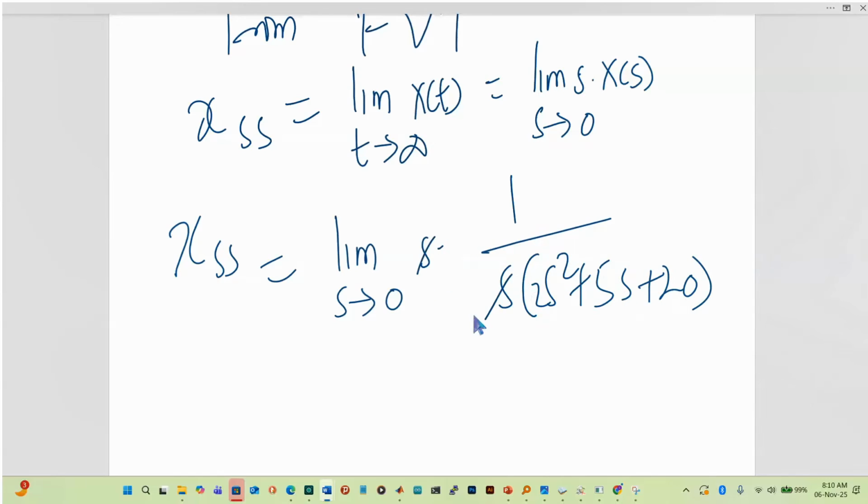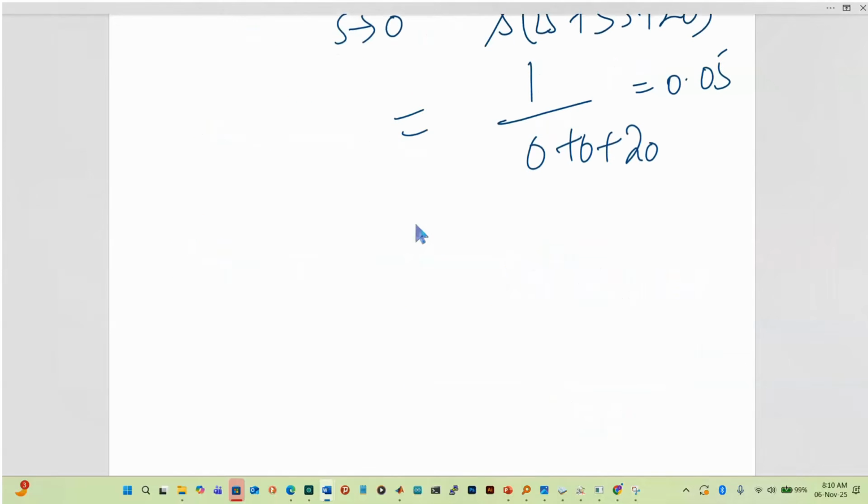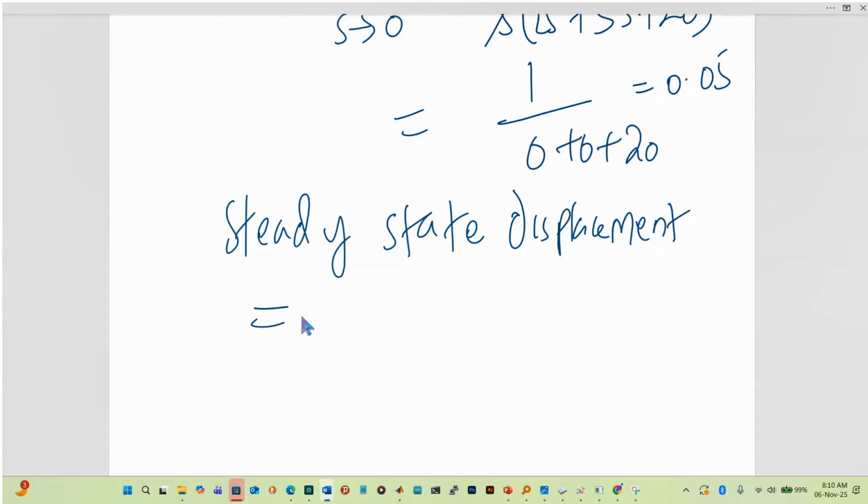The s cancels. When we substitute in here, the value will be 1 over 0 plus 20. So this gives you 0.05. So the steady state displacement xss equals 0.05.